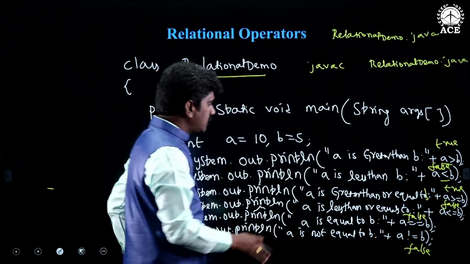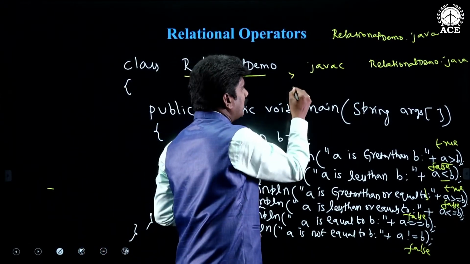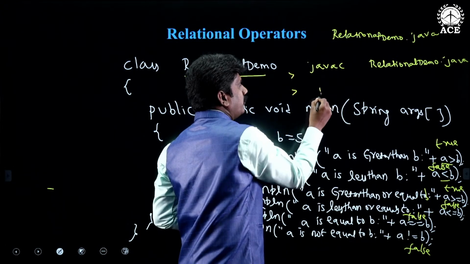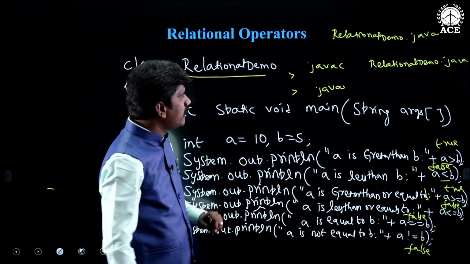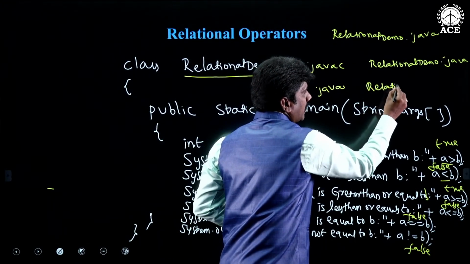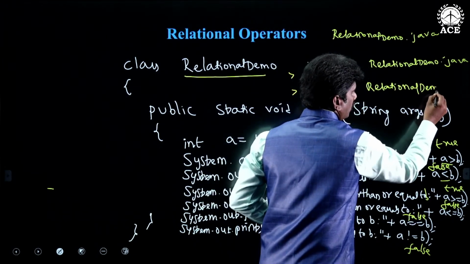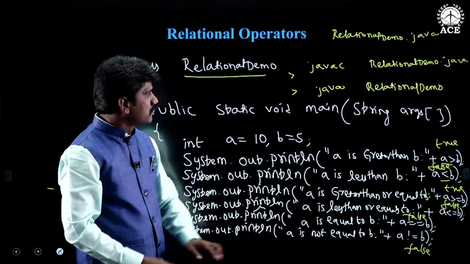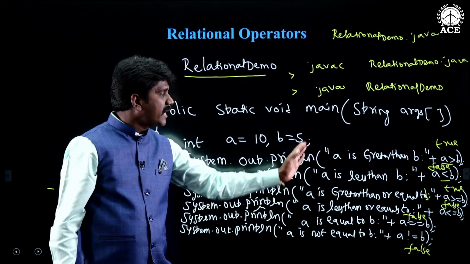If we compile this and there are no errors in this program, the control comes back. For the execution, how can we run this program? By using the command java space class name, like java RelationalDemo.